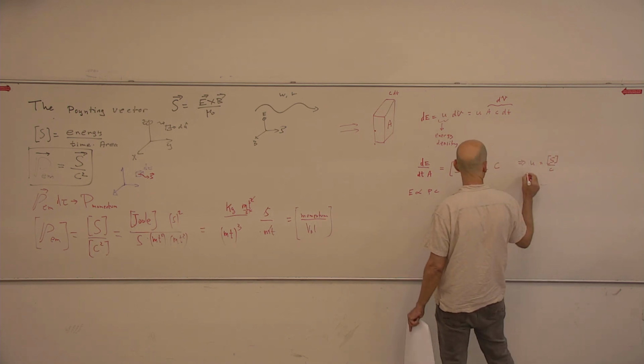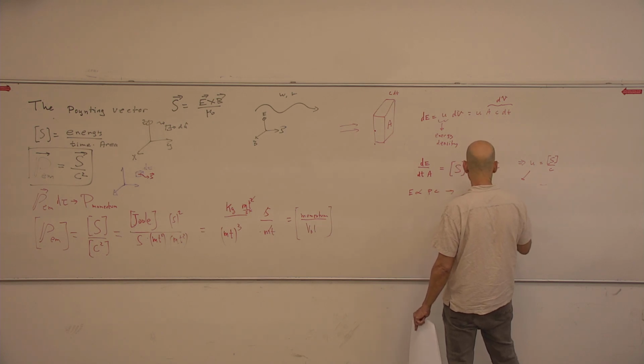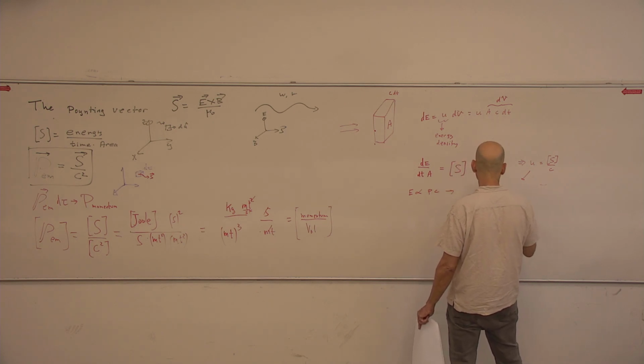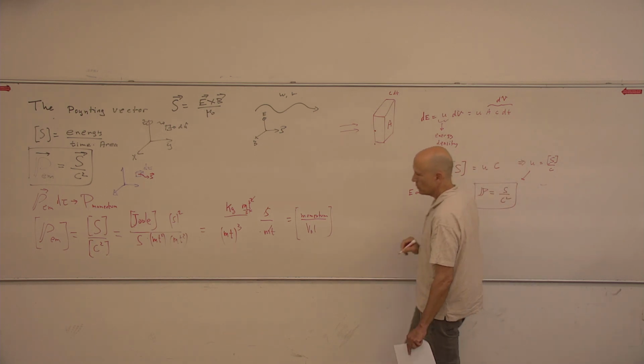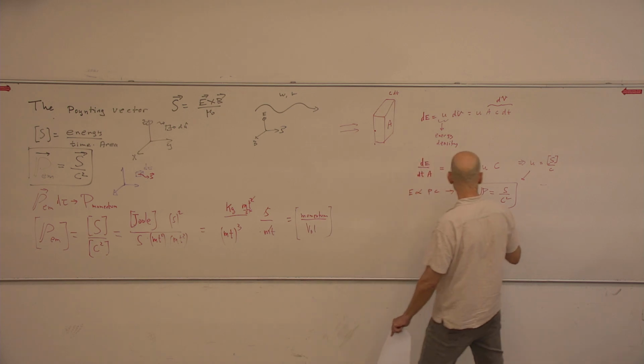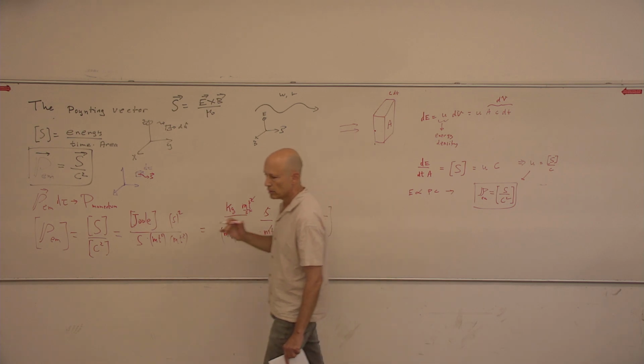And then from these two, what I get is that the momentum density is S divided by c squared. And this is what I claimed over there. Here I'm doing it sloppily, so let's say this is just the units. So this is the general argument.